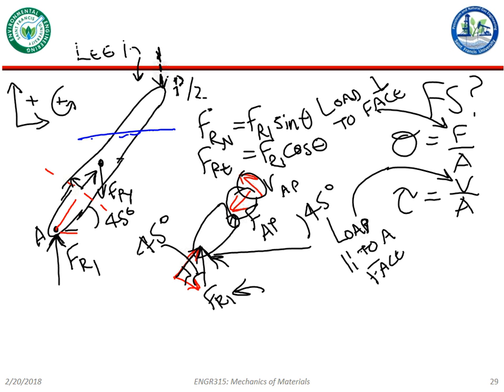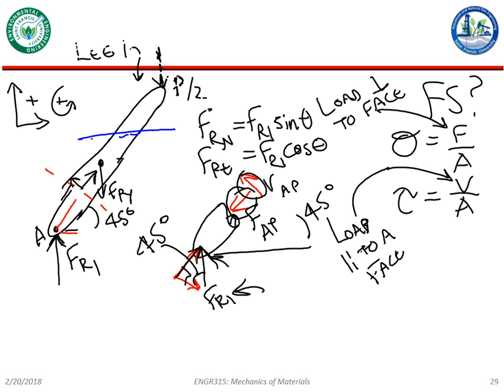You get your stresses. You try to find factor of safety. You've got to choose this based on what's actually occurring in the leg. Even though we've drawn it in compression, by solving for all these forces we've found that we would actually be in tension right now for this section.